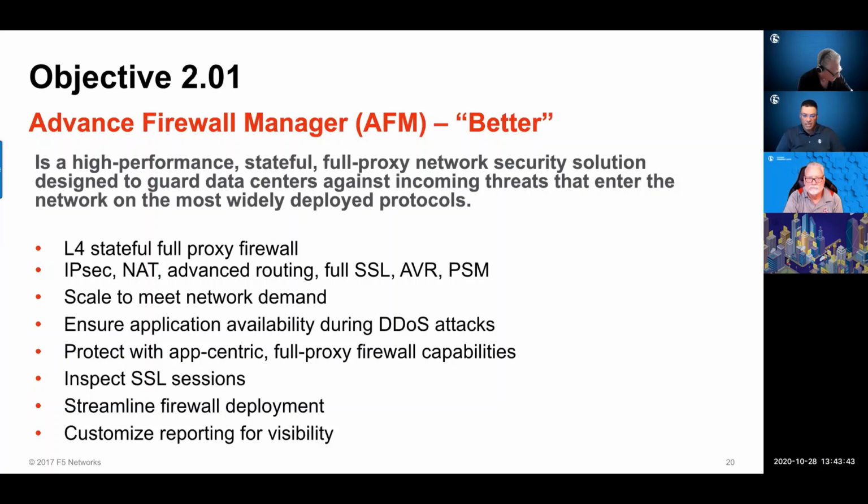We took that concept and we had customers that started using our products like a firewall. And then we created a new product called Advanced Firewall Manager. The key thing to understand here is it's a stateful firewall, right? Layer 4 through layer 7, right? It could do NAT, it could do SSL, it could protect you against DoS attacks. It might not be like your Palo Alto or your Cisco Firepower where it has deep logging, but every year we keep updating this product, it keeps getting more features, right?